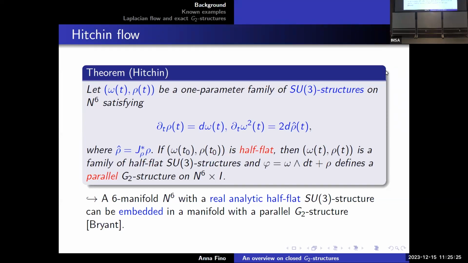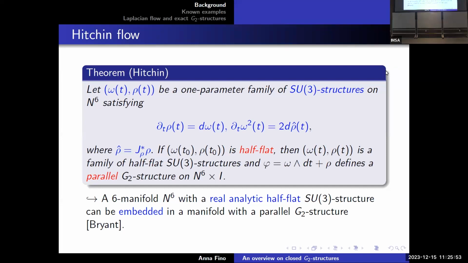But there is a strict relation between dimension 6 and dimension 7. Using that, Hitchin, in fact Robert Bryant, showed that if you have a 6-manifold with a half-flat SU(3) structure, which is real analytic, then you can embed it in a manifold with parallel G2 structure.